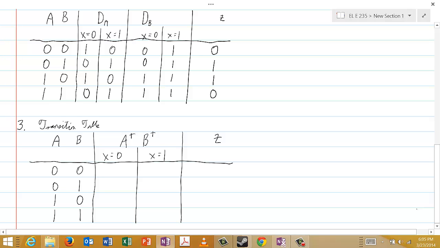Now in this case, this is a particularly easy thing to do. In some of our future cases, this will be the trickiest step in this whole procedure, figuring out the transition table. But in this case, it's very easy.